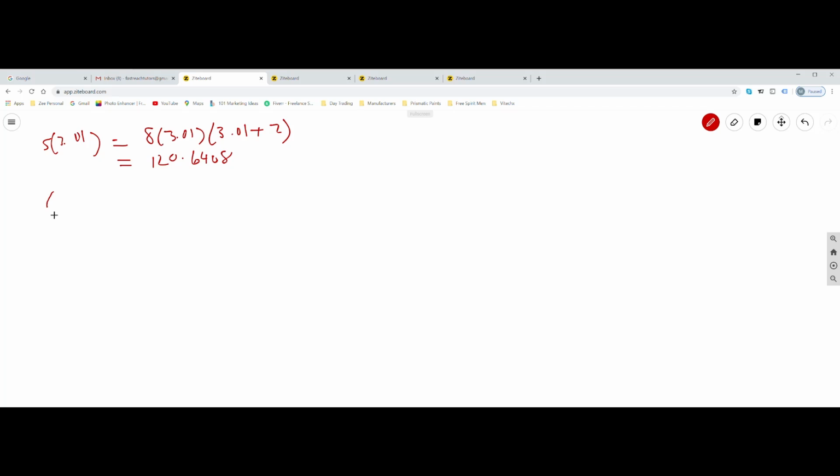So now you know that S at 3 is equal to 120.